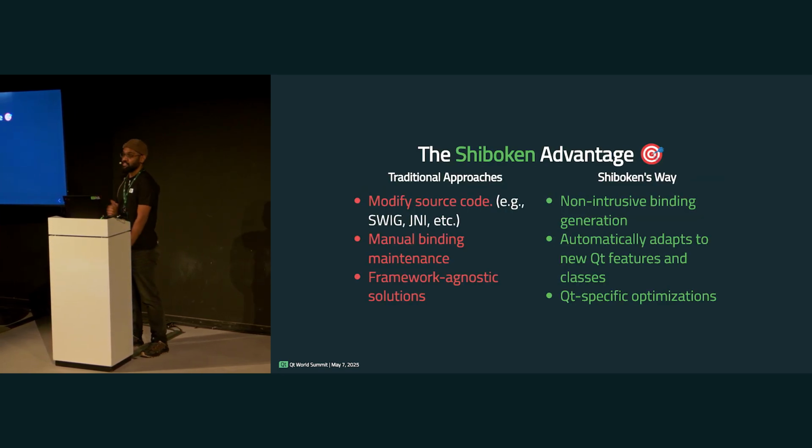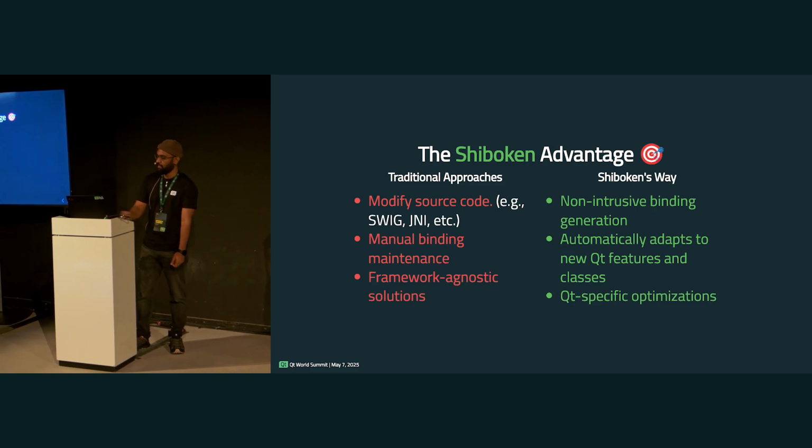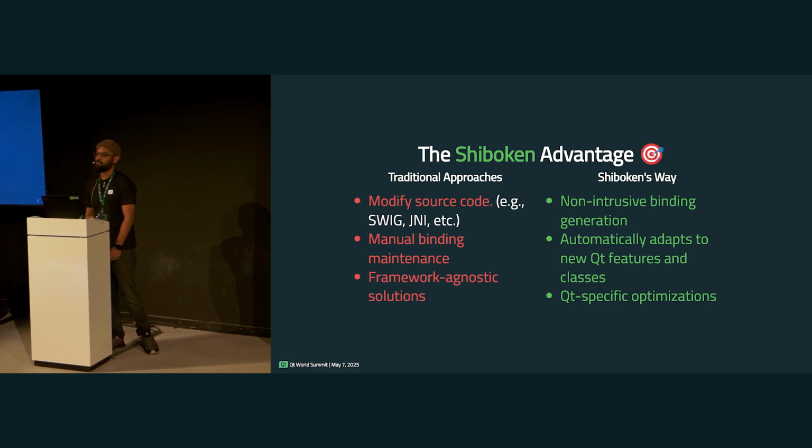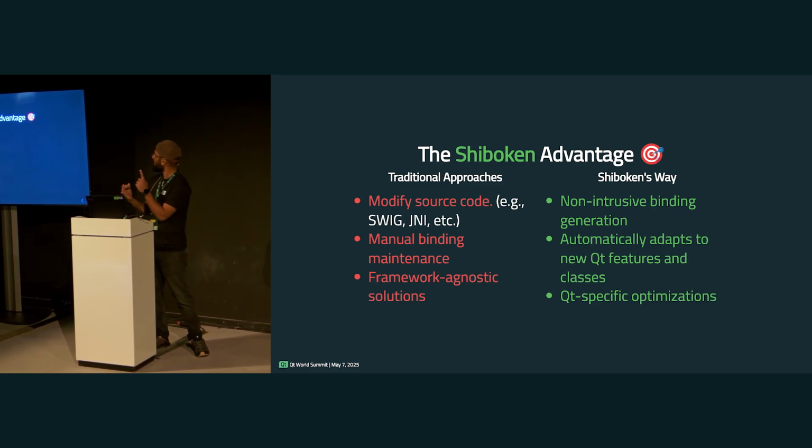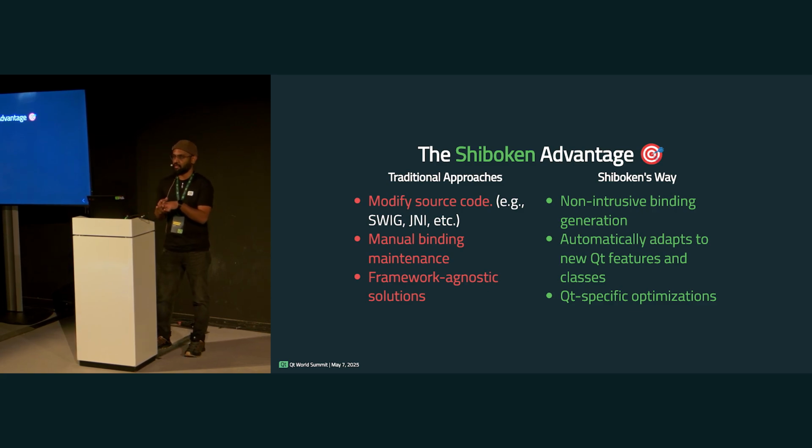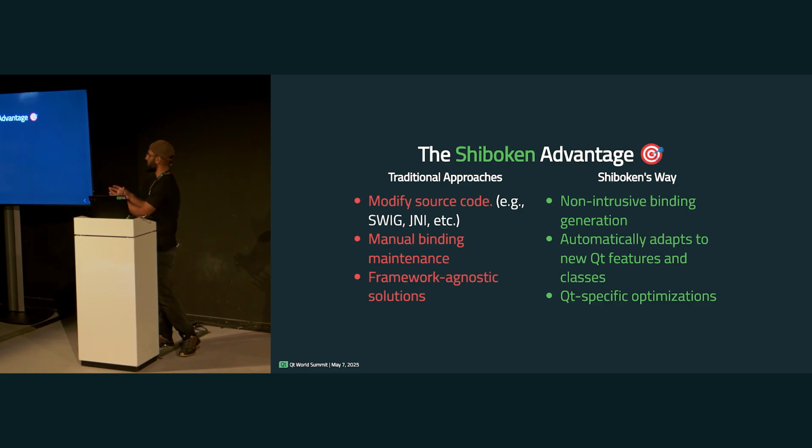What exactly is the Shiboken advantage compared to traditional approaches? Traditional approaches like JNI, SWIG, CPython, etc. would require you to modify your source code by introducing macros and directives, which leads to extensive boilerplate code. That is pretty bad.